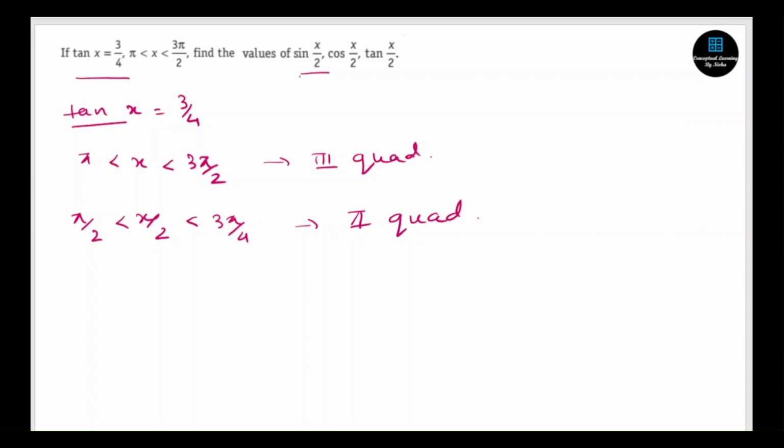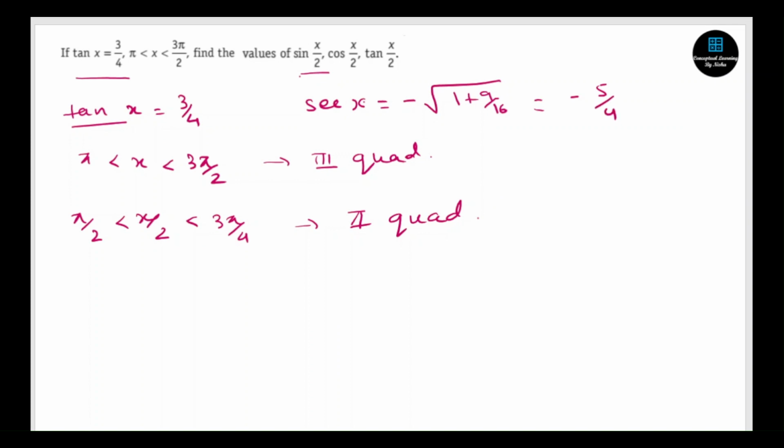This is talking about tan x value. So tan x is this. So what I can say, sec x is negative in the third quadrant. So this is what? Minus square root of 1 plus 9 over 16, and I'll get minus 5 over 4.